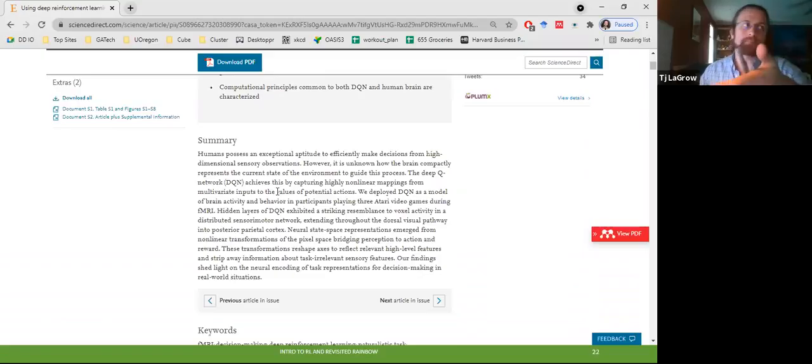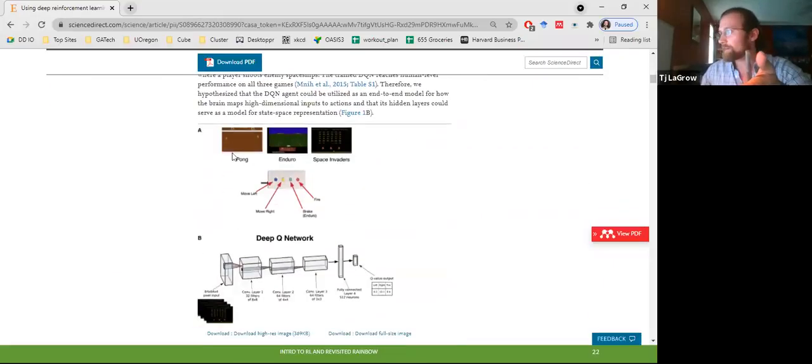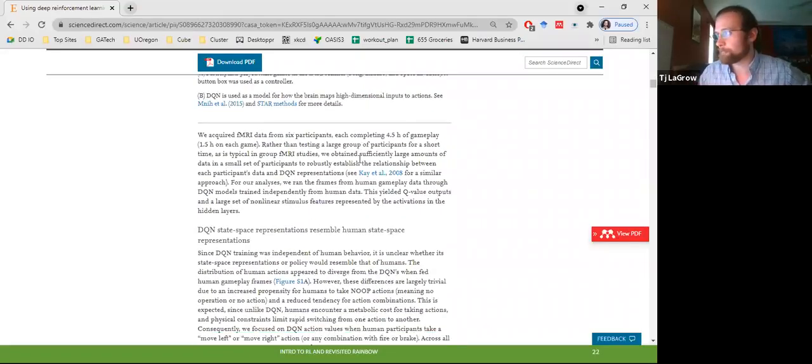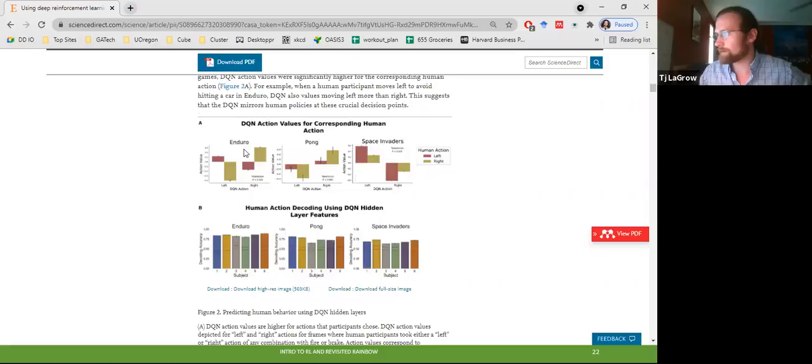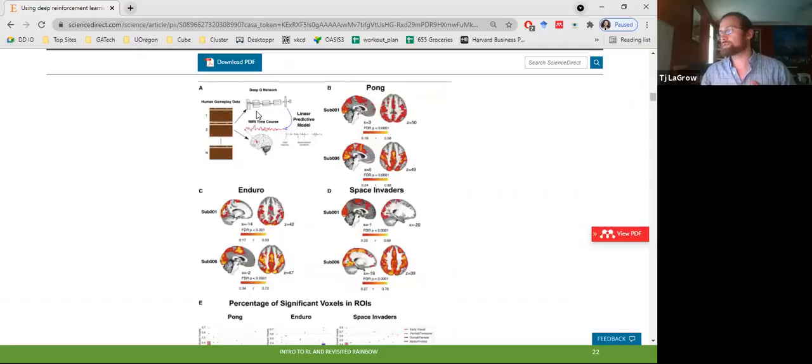They put 6 people in an fMRI scanner and had them play, I believe, 3 different Atari games, for an hour and a half each session. What they were trying to do is essentially learn the state space of the action rather than the reward policy potentially. And just scanning through the paper very quickly, they tried to use the data used to train the network.